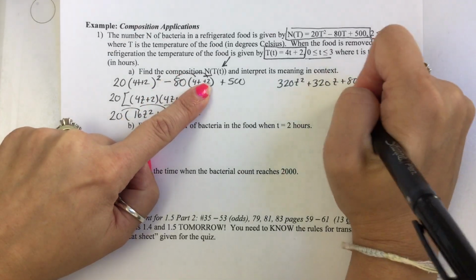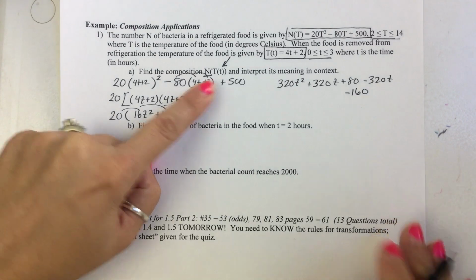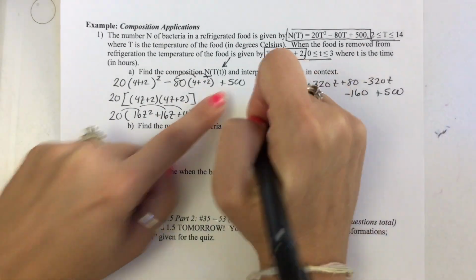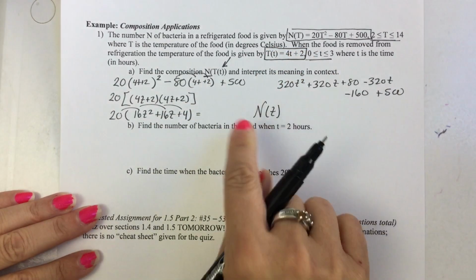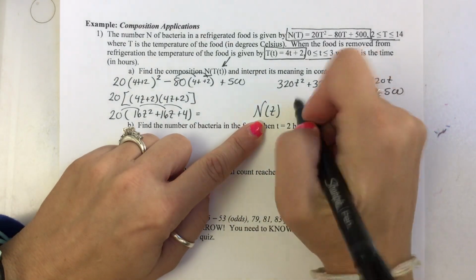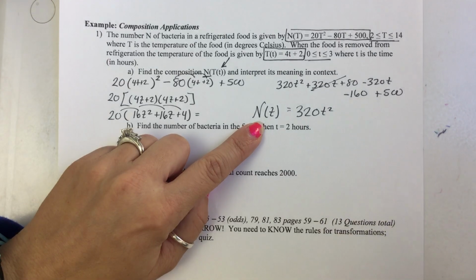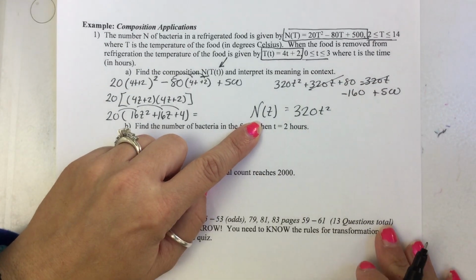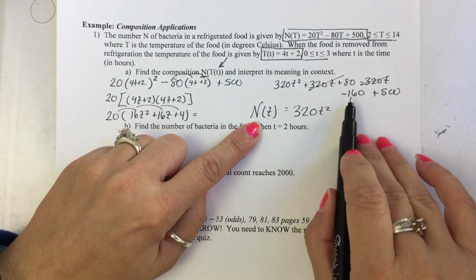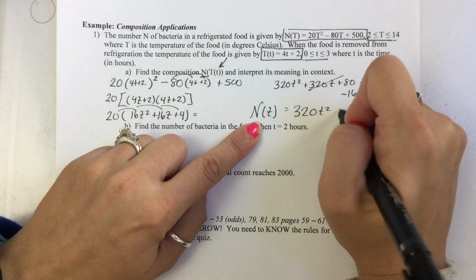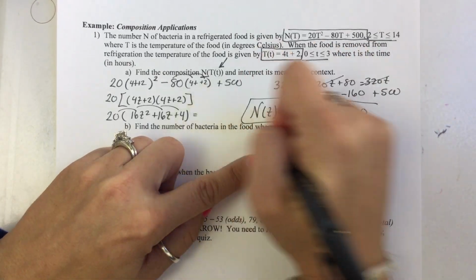Negative 80 times 2, negative 160, plus 500. So our number of bacteria based off of time is 320t squared, positive 320t, negative 320t cancels. 80 minus 160 plus 500 is 420.